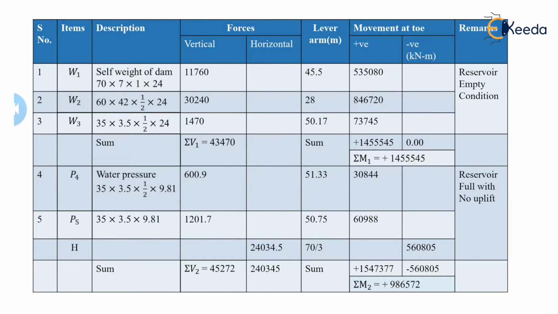Only the uplift and the water pressure will be acting on this body of the dam. So the water pressure will be your next force when we are dealing with the reservoir full condition. So water pressure is acting horizontally.